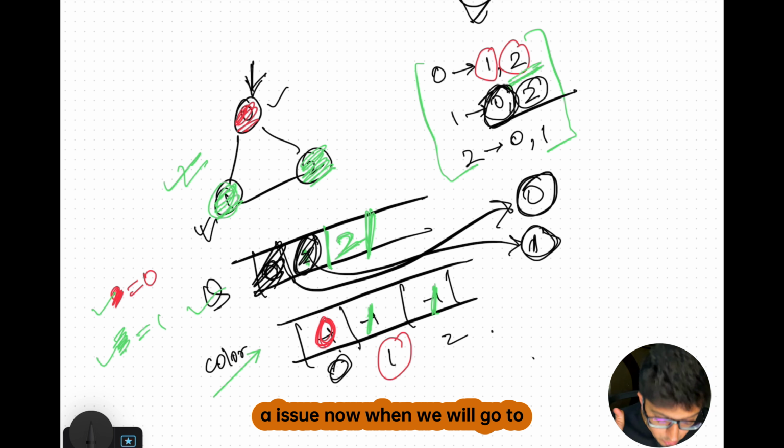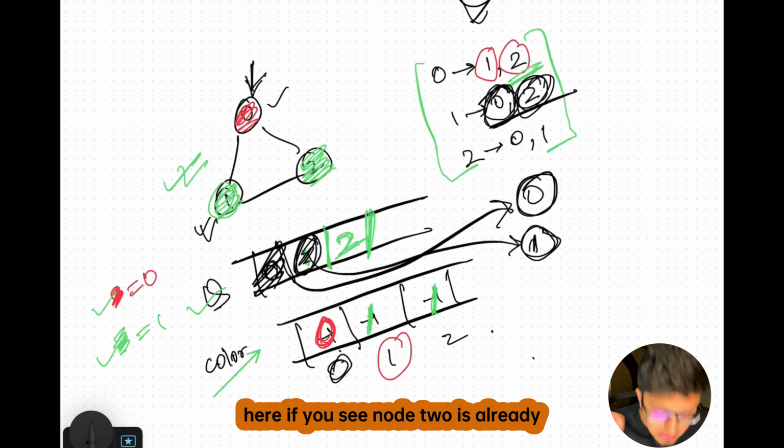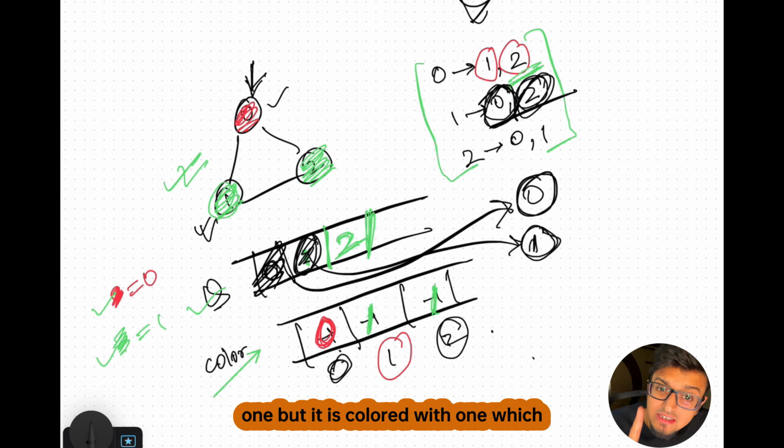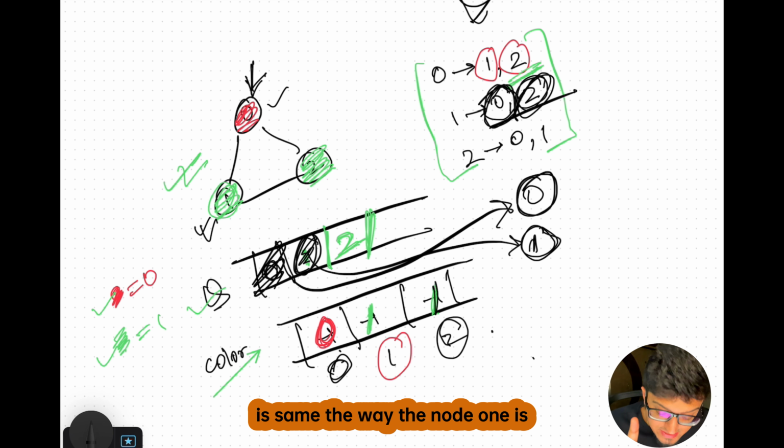Now when we will go to the next node, that is the node 2, here if you see, node 2 is already marked as colored because it is not -1, but it is colored with 1, which is the same way the node 1 is colored.